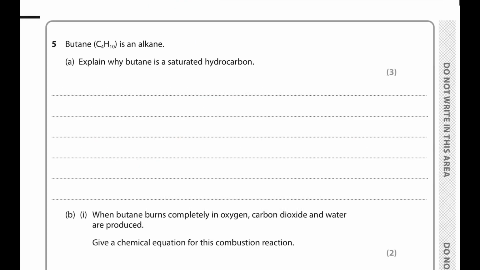Question 5. Butane is an alkane. So A. Explain why butane is a saturated hydrocarbon. So it has only carbon and hydrogen.